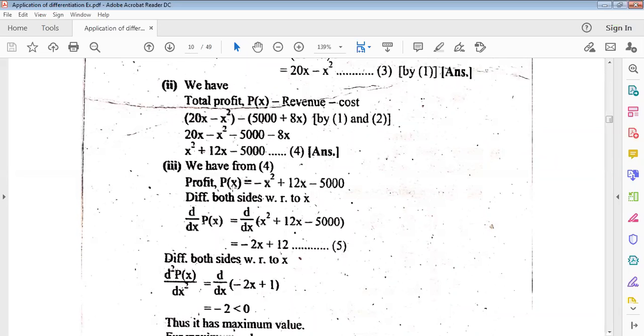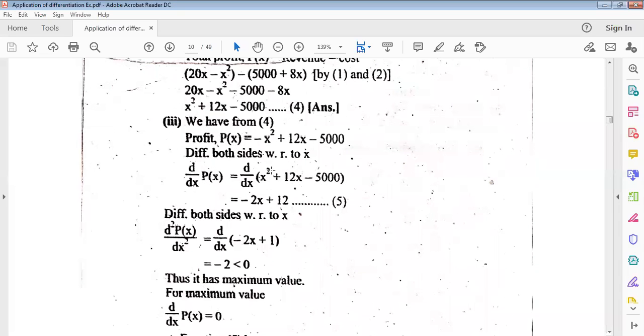Now differentiating this profit function, dP/dx equals d/dx of this. Differentiation of minus x square is minus 2x. Differentiation of 12x is 12, and differentiation of any constant is 0.